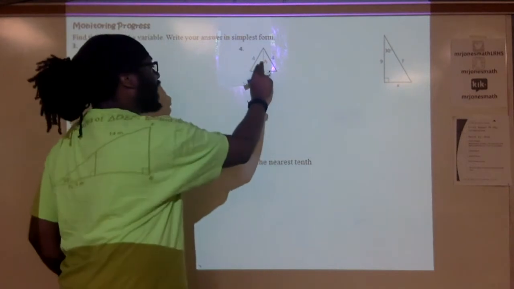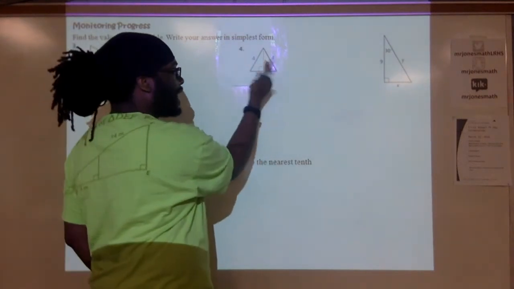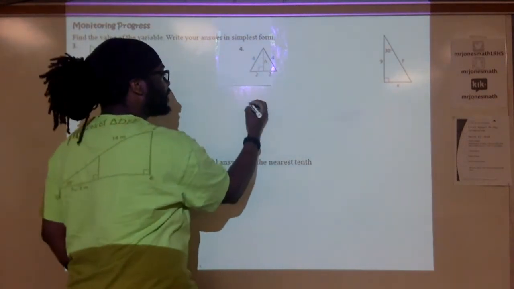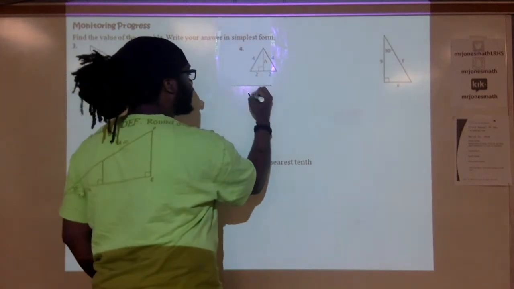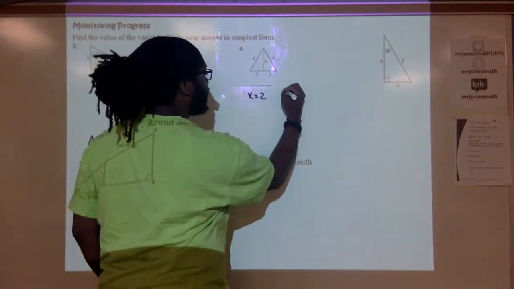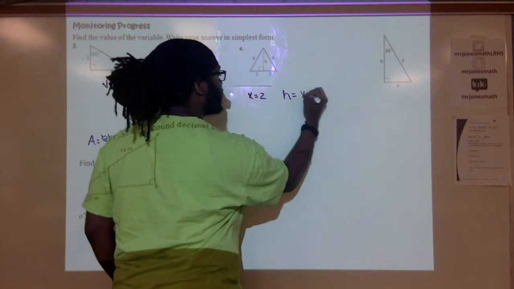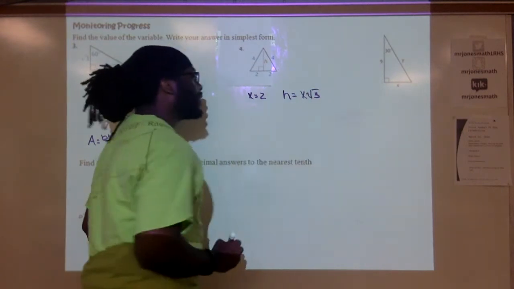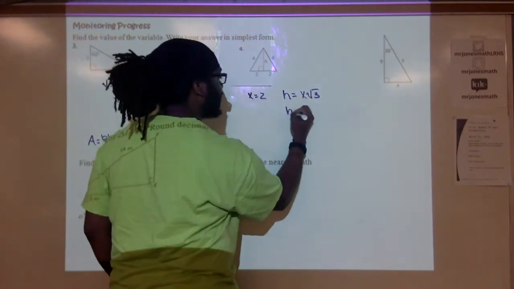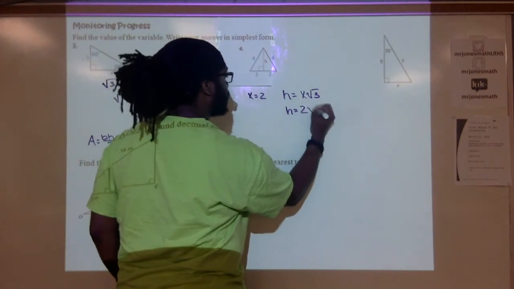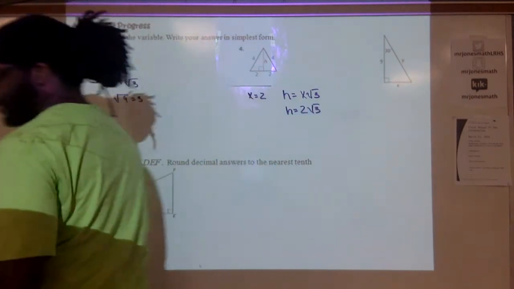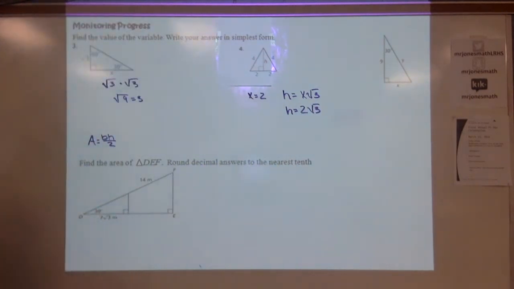And we're trying to find the height, which is reflexive, is the height for both of these triangles. We know that our base, our x, equals 2. We know h equals x times the square root of 3. So the height equals 2 times the square root of 3.